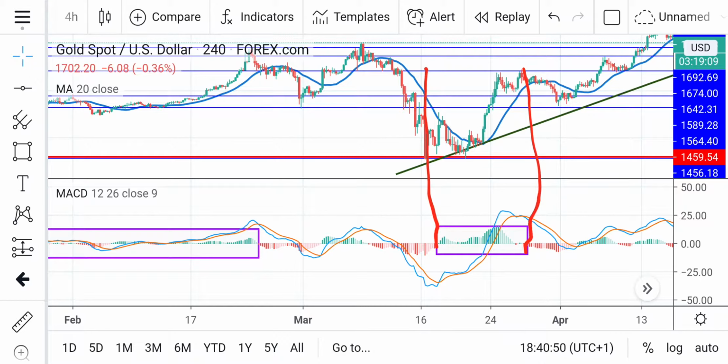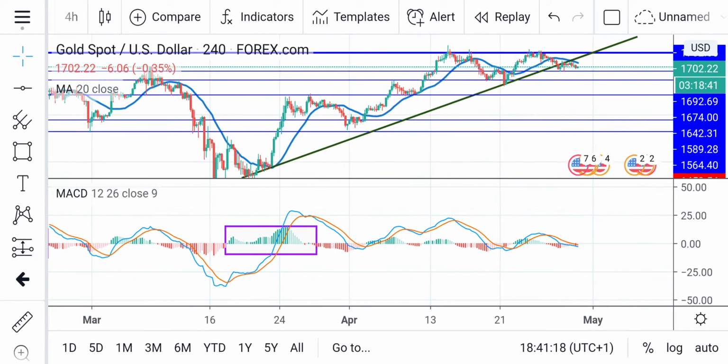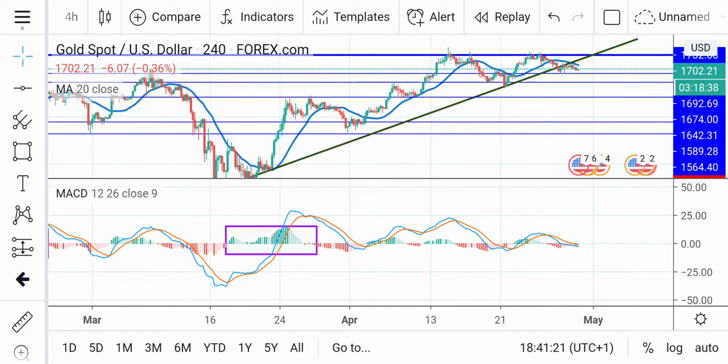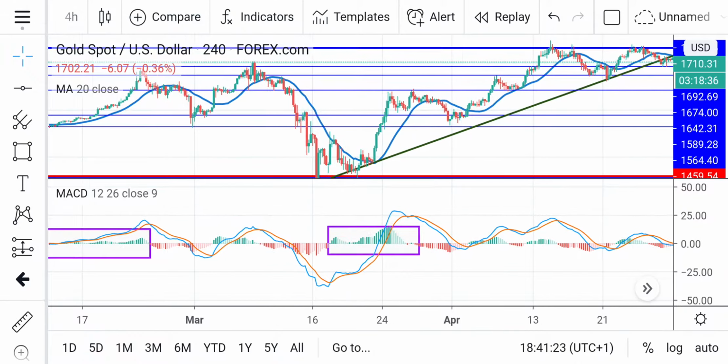You can see price came down over here, then the MACD indicator volatility increased over here, and you can notice how price went up over here. So that's trying to tell you that buyers are in control, volatility is high in the market. So what about when sellers are in control? Let's look at the bearish momentum.